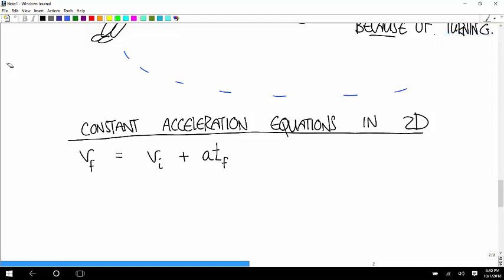In 2D, that equation still holds, except all of the things that are vectors, we're talking about the x components of the vectors. And then it also holds, but talking about the y components. So we also have vfy is equal to viy plus ay times time final.